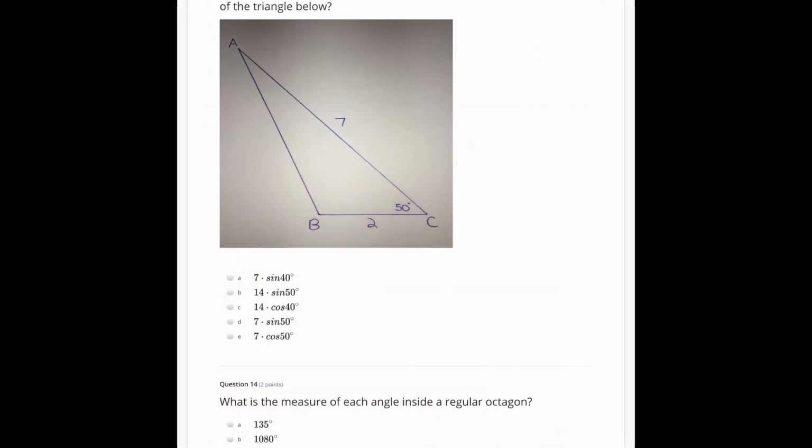All right, let's look at 13. Which of the following would be the expression equivalent to the area of the triangle? All right, so let's do one way. Let's do finding the height going this way.